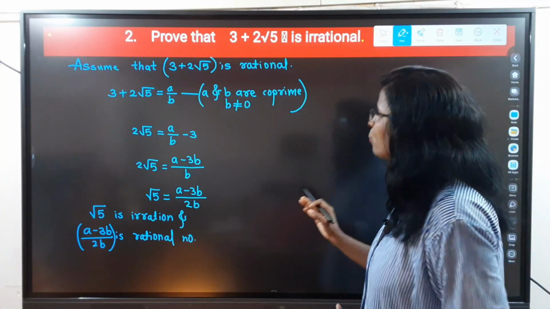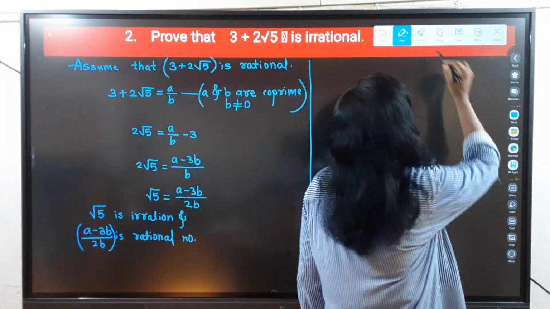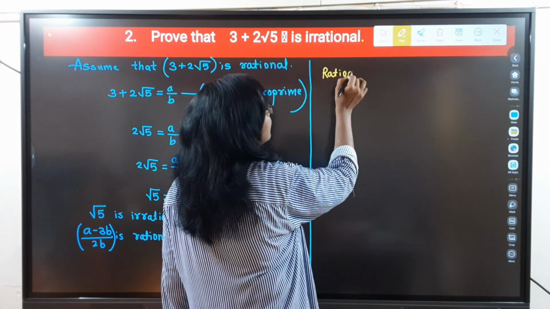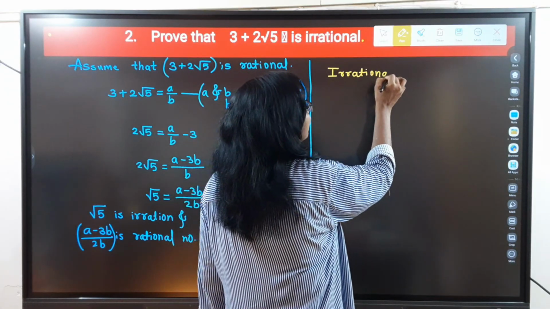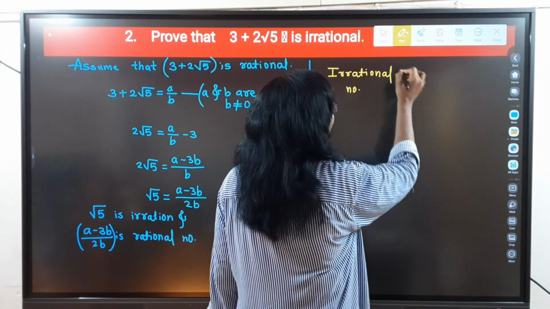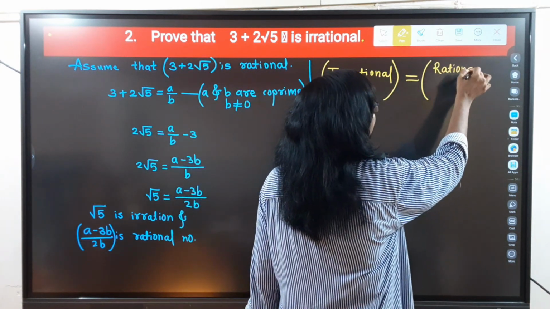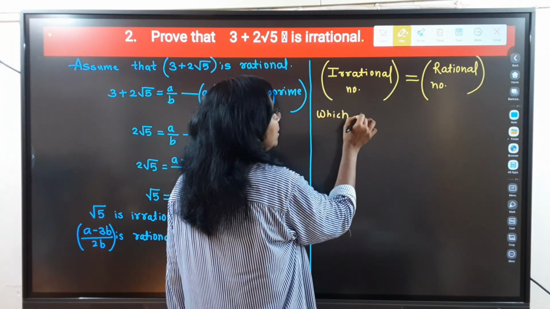Okay students, so here we say that an irrational number is equal to a rational number, which is not possible.